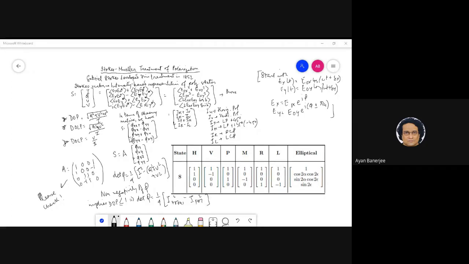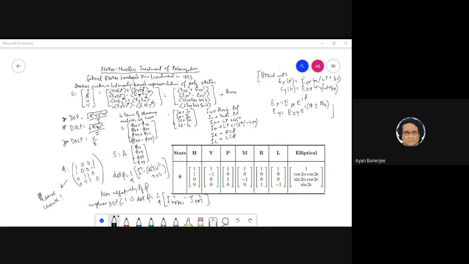What I want to say here is that the determinant of phi is something like a measure of the unpolarized component of the partially polarized light.